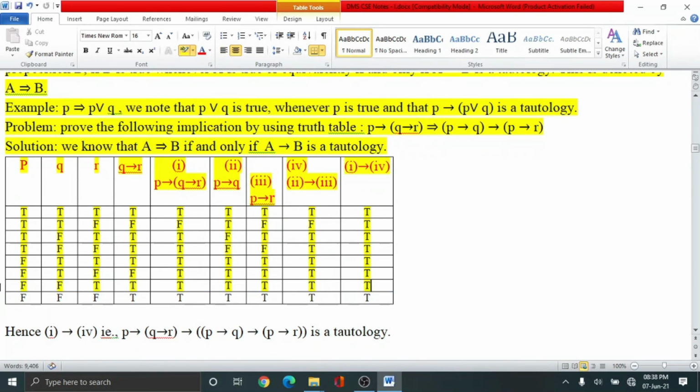By assigning the truth values for the variables P, Q, R, we can build the truth values of the compound propositions, and finally we can obtain the resultant value of the given statement. That is, the last column of the given table is all the truth values as T, and since all the truth values are obtained as T, the given problem is a tautology. So hence the given statement is a tautology.